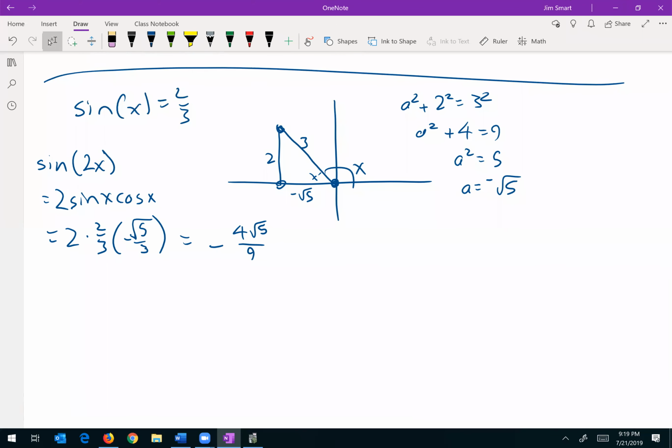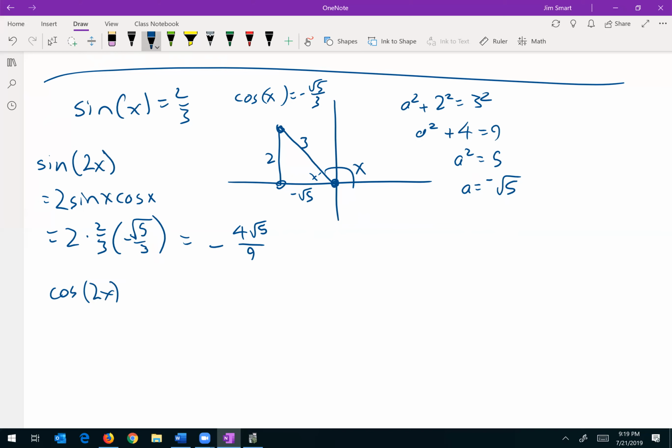So once we get that horizontal side, which gives us cosine of x, I can even write the cosine at the top. Cosine of x equals negative square root of 5 over 3. I also could have used the Pythagorean identity there to find cosine x. Now cosine of 2x.